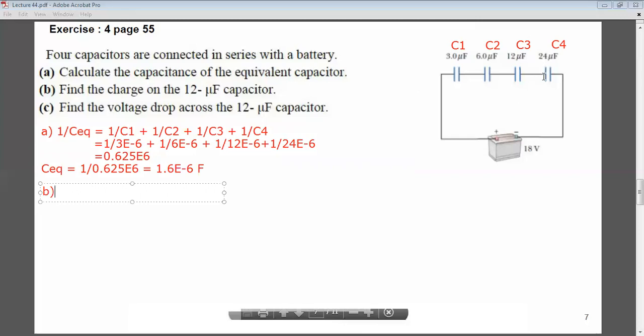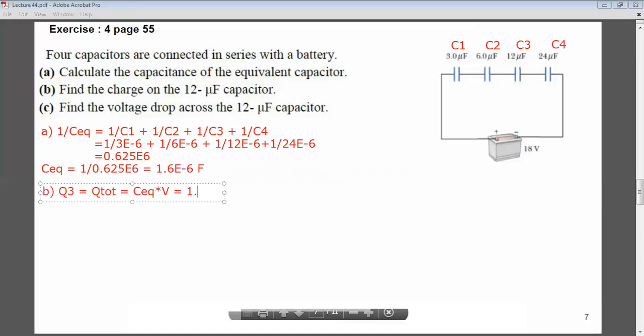Find the charge on the 12 microfarad capacitor. So here, these are in series. So Q3 is equal to Q total. And what is Q total? It is C equivalent times V total.